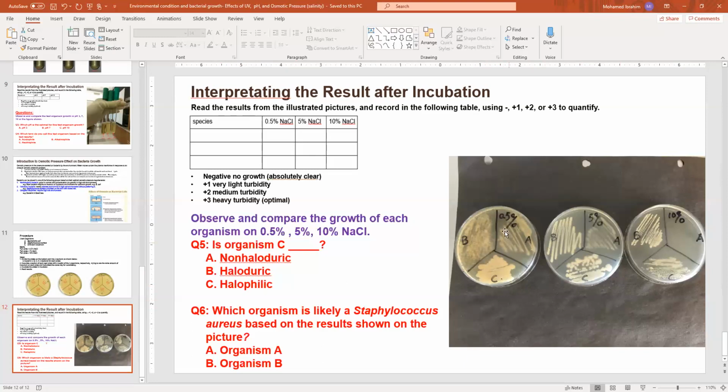In this 0.5 salt, this is nothing, very little salt. If they really love salt, they will not grow in this condition. They need high salt to grow. So we only consider them halophilic if there is no growth at 0.5, no growth at 5%, and they start to show up at 10.